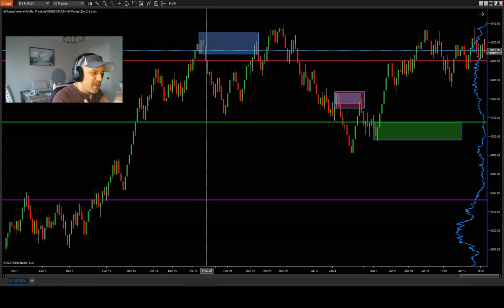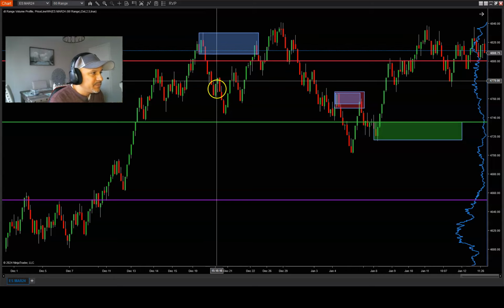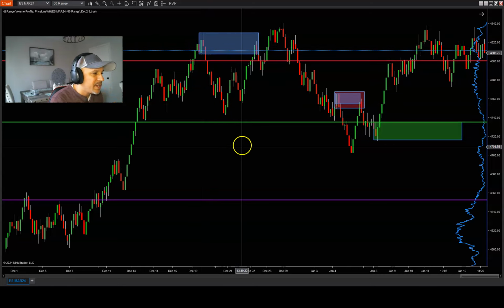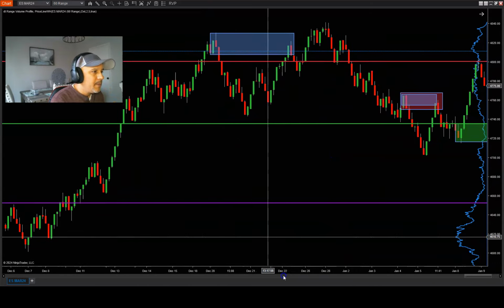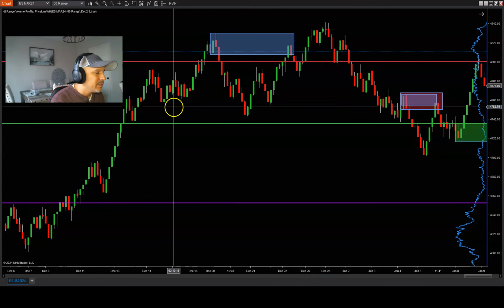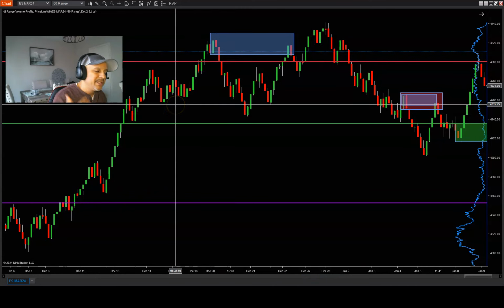The way you figure that out is if you pull up some means of a volume profile, where you can look at the variations of selling versus buying in this particular area right here, because there's an imbalance right here I'm going to show you right now as the market moved to the downside as it was breaking structure right here.